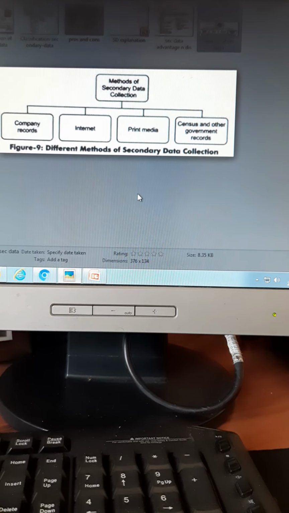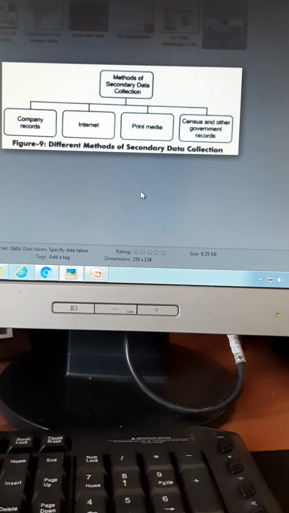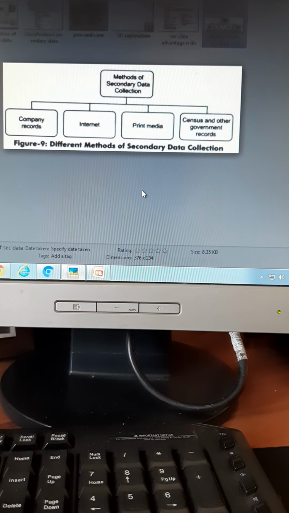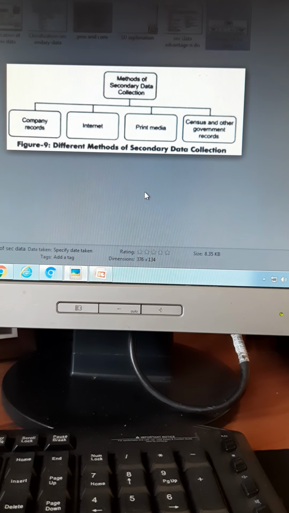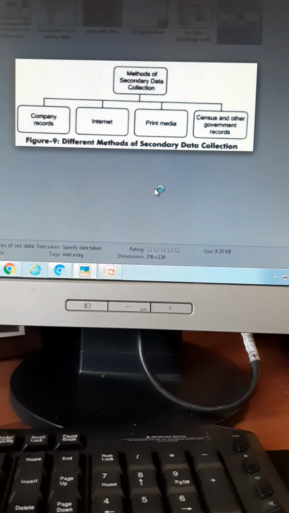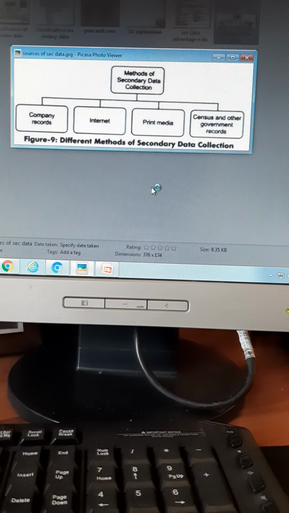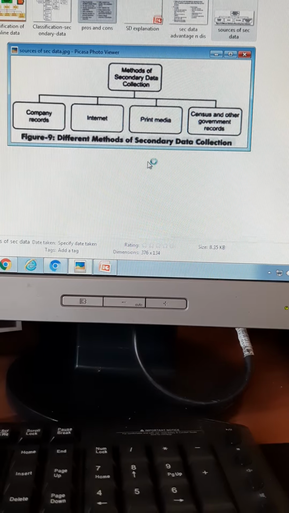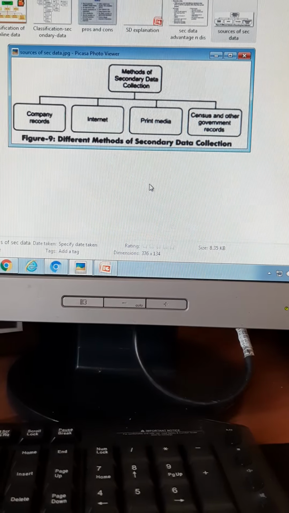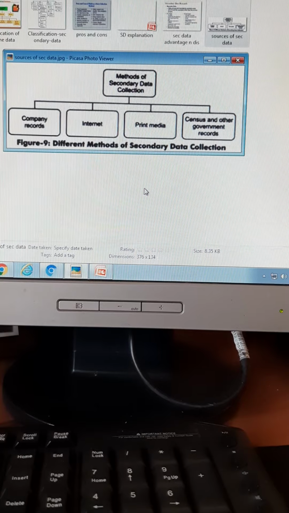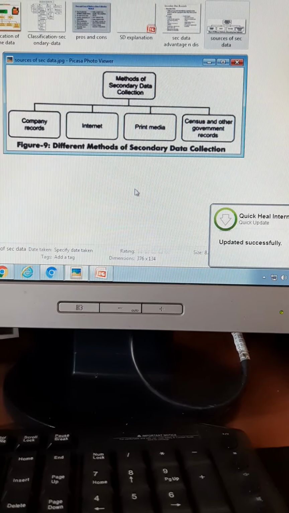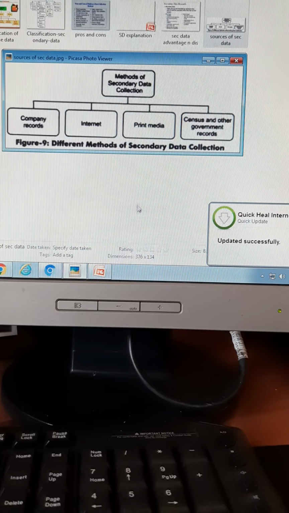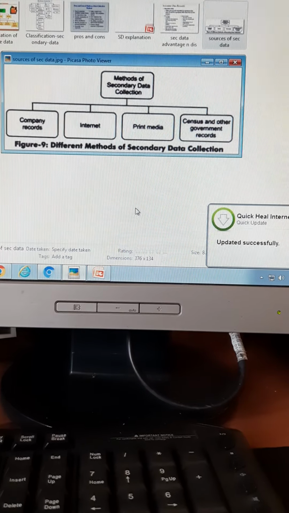Print media, newspapers, and then magazines. There are these directories. For example, Gems and Jewelry Organization of India, or FICCI. Those kind of people, they bring out the directories with so much information, contact details, and then financial details. So that can be a very good source of secondary data.